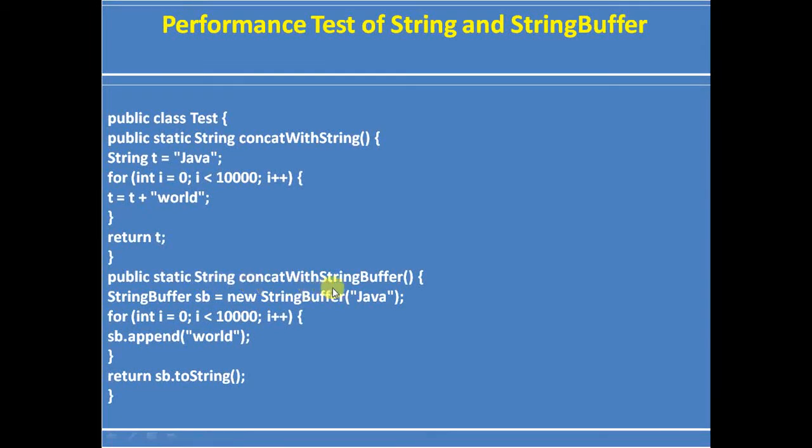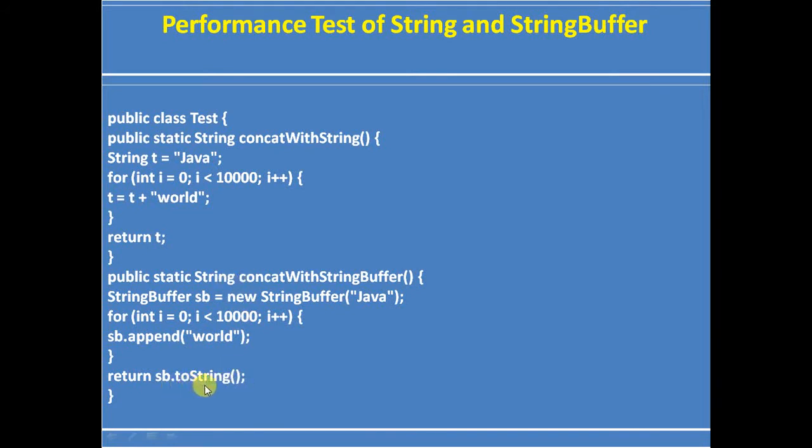Again, this is another method, concatWithStringBuffer. We use the append method and add the "World" string into the "Java" string, which is a StringBuffer object, and return it.